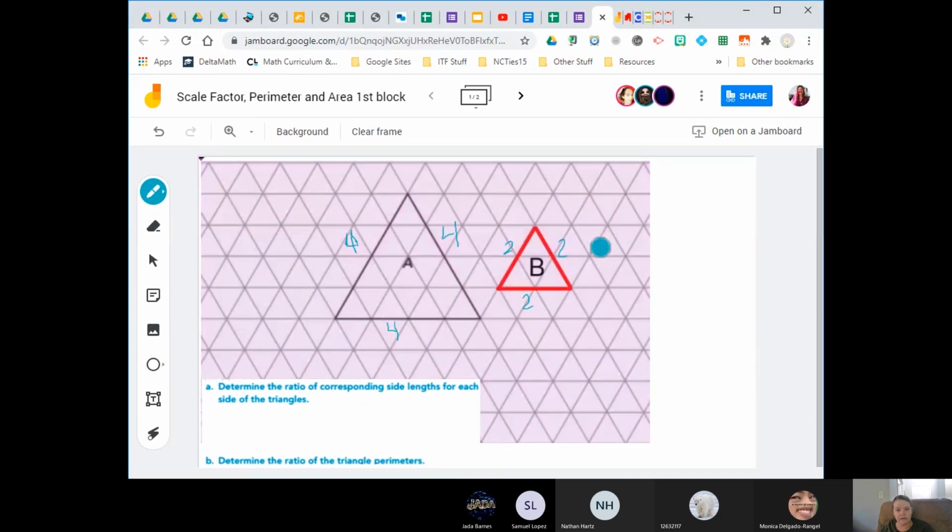All right, so yesterday we talked about when we scale up or scale down, and we talked about using the ratio of corresponding side lengths to figure out the scale factor. So what is the ratio from B to A? The ratio of B to A is what?